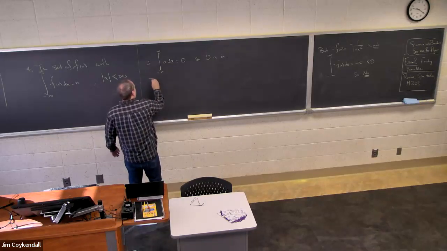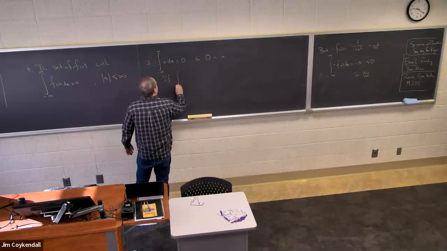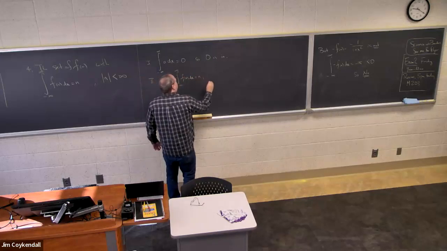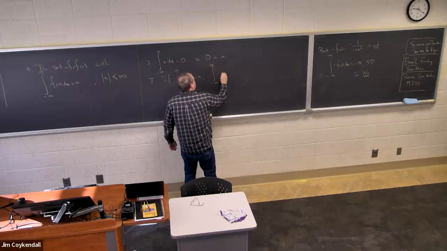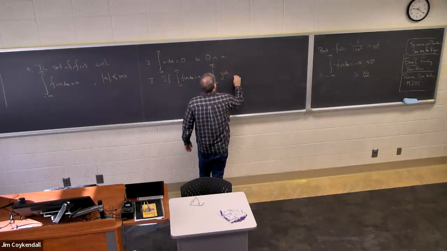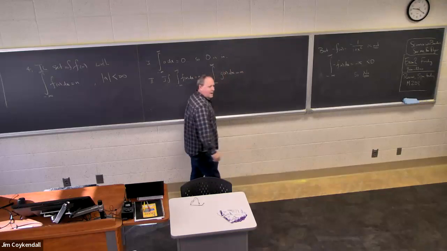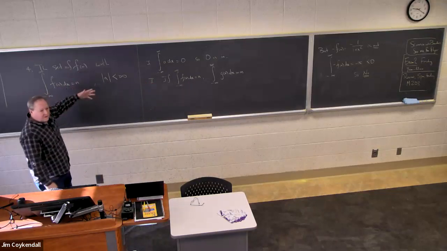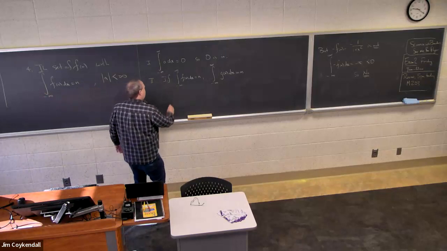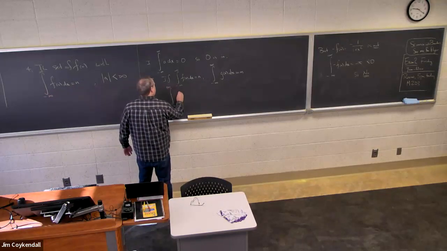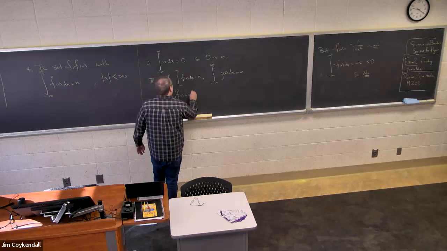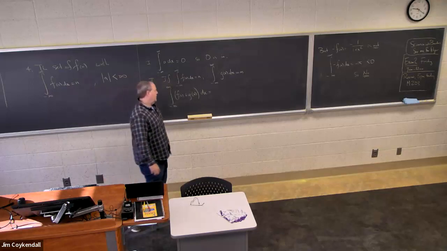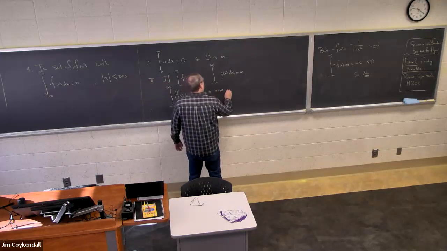Number two, suppose f of x and g of x are two things that live in here, so they've got finite integrals. The integral from minus infinity to infinity of f of x is n, and of g of x is m. What is the integral from minus infinity to infinity of f of x plus g of x? It is n plus m. And this is also finite.